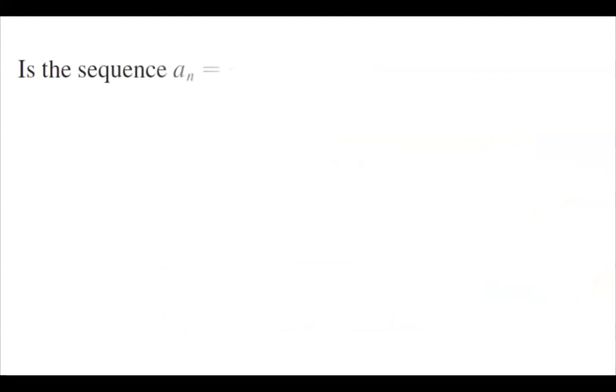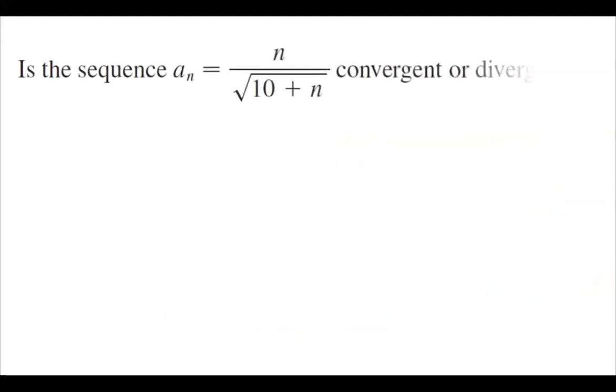What about this sequence? a_n is equal to n divided by the square root of n plus 10. So in order to find the limit of this sequence, you're basically doing the same thing as in elementary calculus.